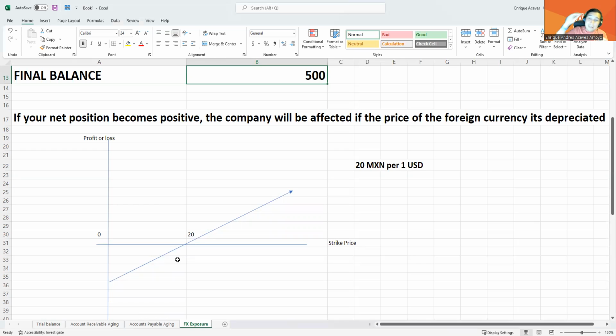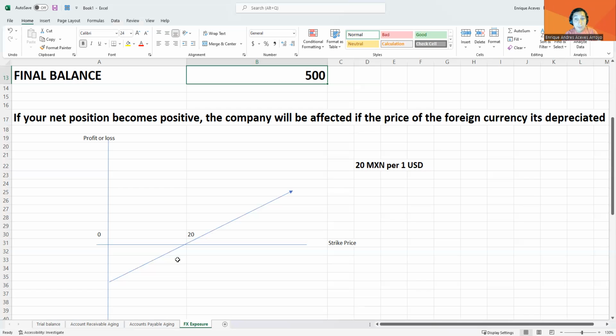Okay, and the same thing happens, well, not the same thing, it's in reverse. If the currency gets appreciated, you will have to use more pesos to buy $1. That means that you have exposure. If it gets appreciated, you will win because you will receive more Mexican pesos for your dollars.